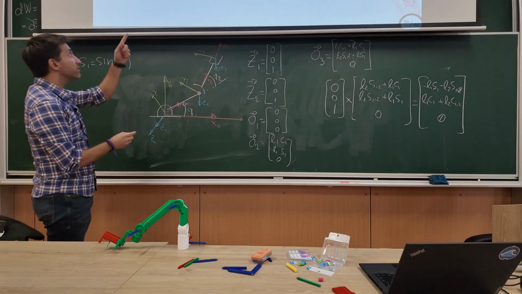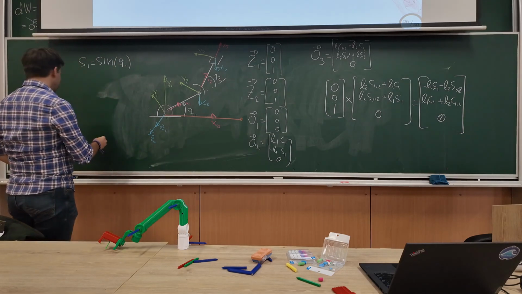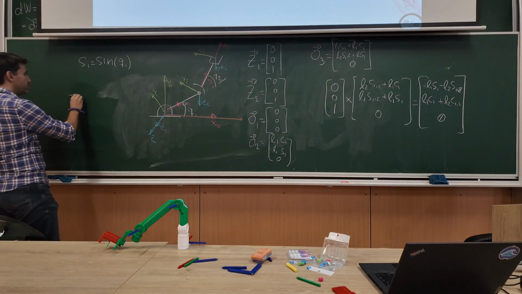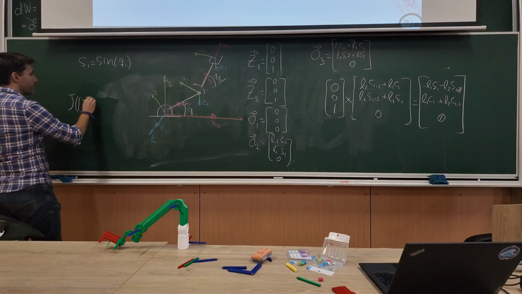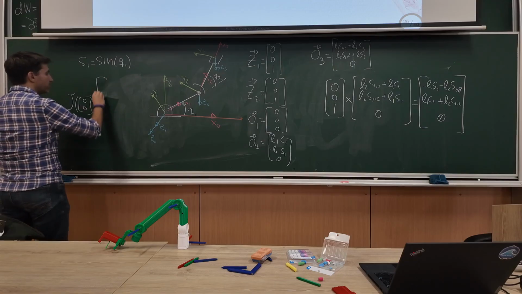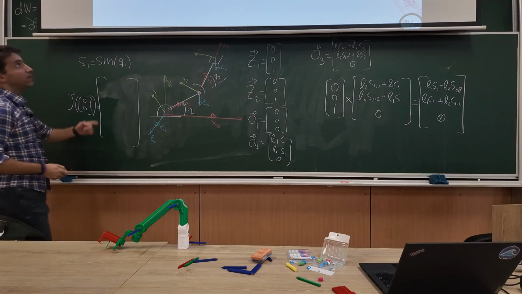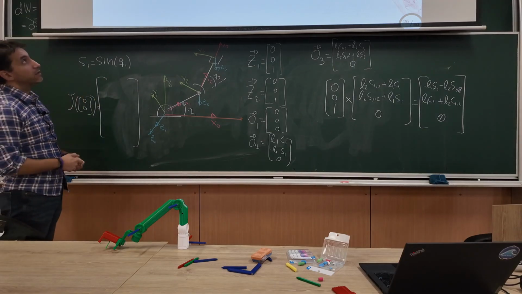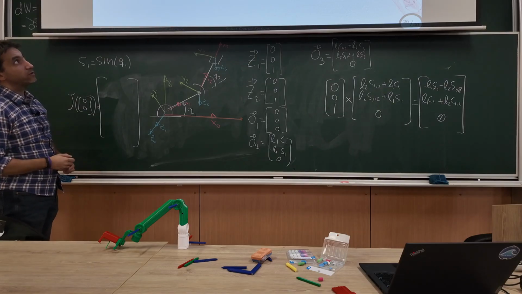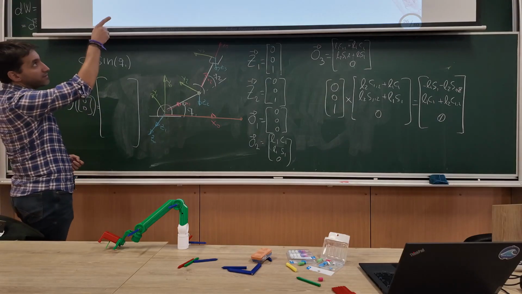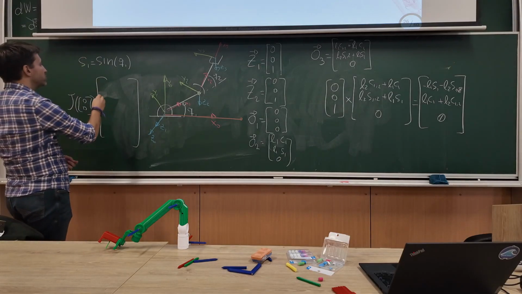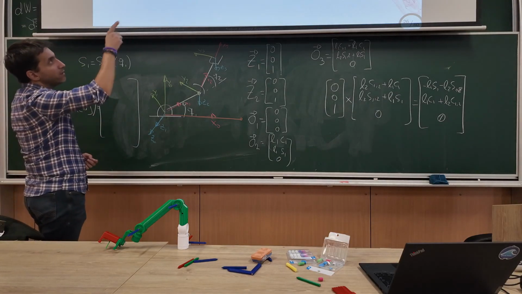What will be the Jacobian? So if Q1 and Q2 are 0, let's write it here. When I have 0 and 0 for Q1 and Q2, sine of 0 plus 0 is 0, right?